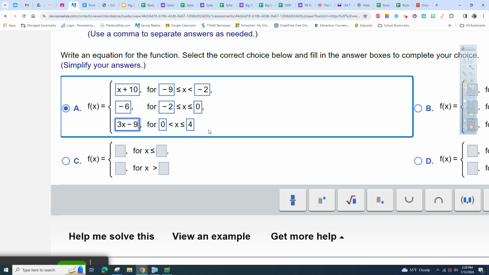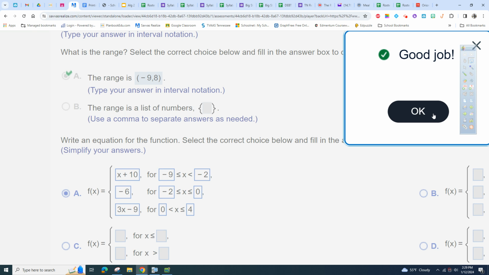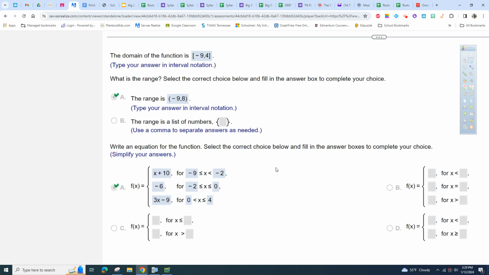All right. Let's see how it goes. It says good job. So, all right, we're done through 12.